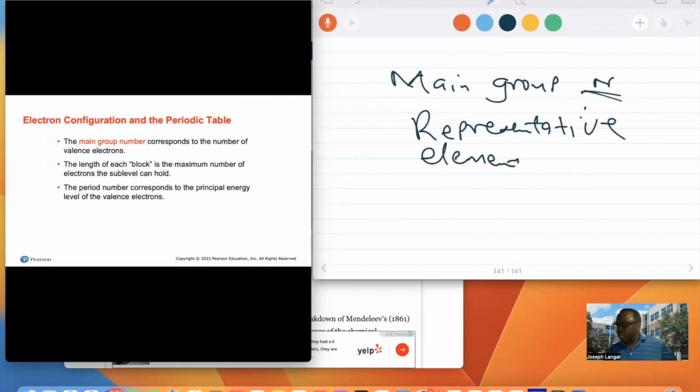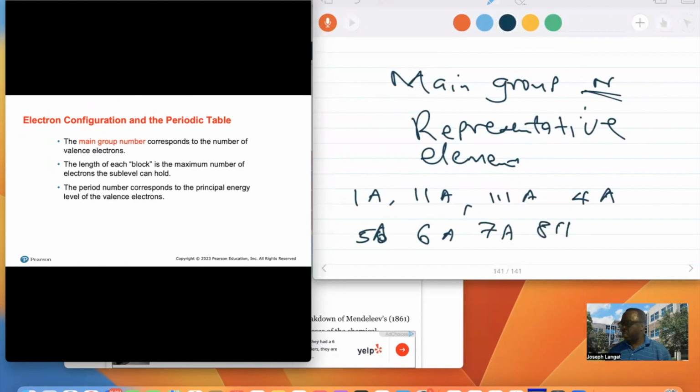These are 1A, 2A, 3A, 4A, 5A, 6A, 7A, and 8A. These are main group. Given the periodic table, the first 2 columns and the last 6 columns, we use the group number to determine the number of valence electrons.